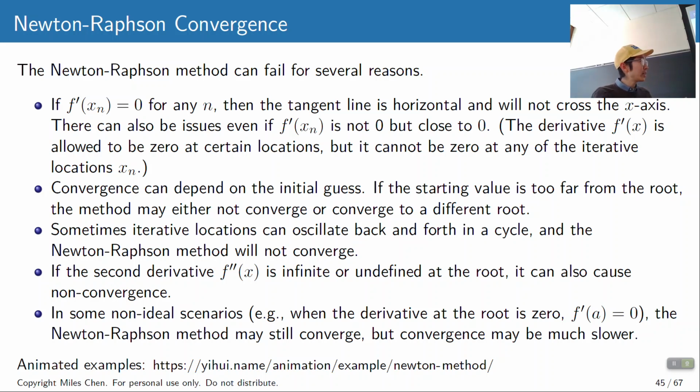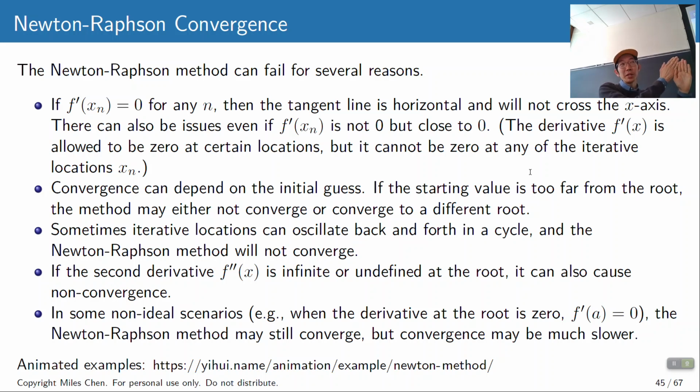Now, saying that f prime can't be 0 for any of these x_n's is different from saying f prime can't be 0 at all, okay? If we said your function can never have a derivative equal to 0, then you can't have any function that has a local min or local max, right? So we're not saying that. We're just saying as you're evaluating your iterations, you can't hit a location where the derivative is equal to 0.